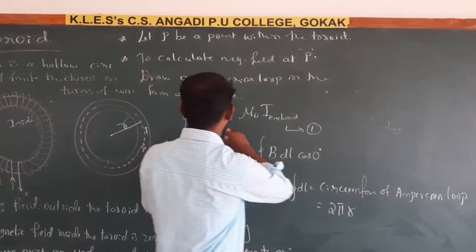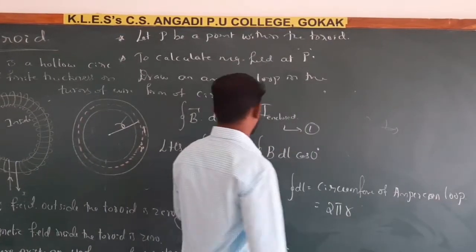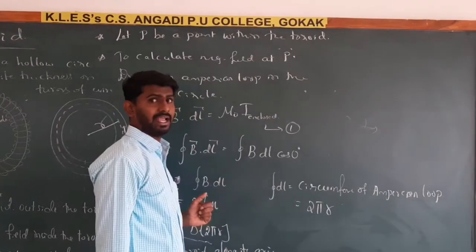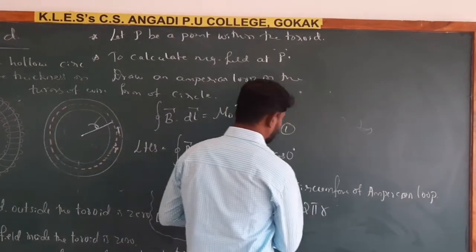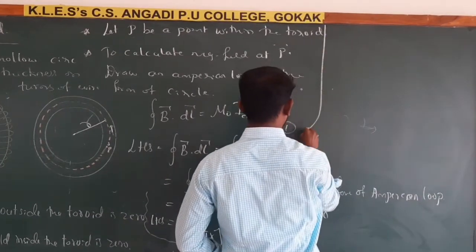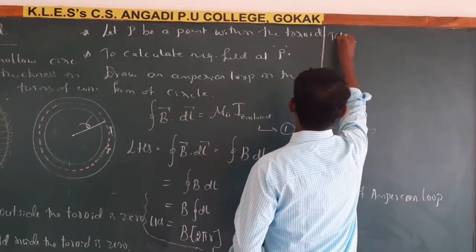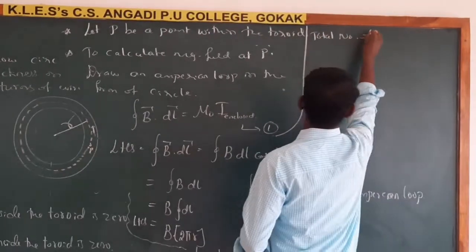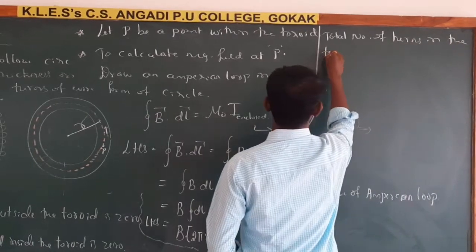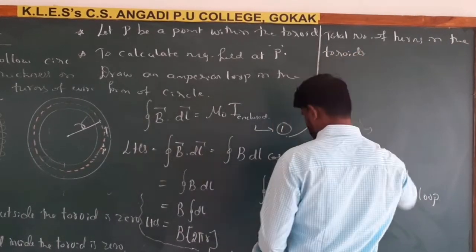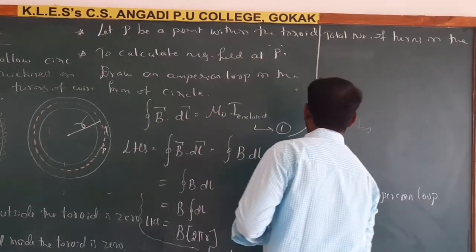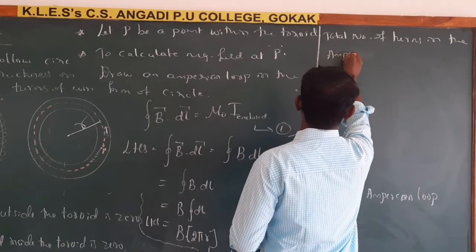The RHS of this equation is mu naught into I enclosed. How much current is enclosed by the Amperian loop? If we want to calculate it, first we should know the total number of turns in the Amperian loop.